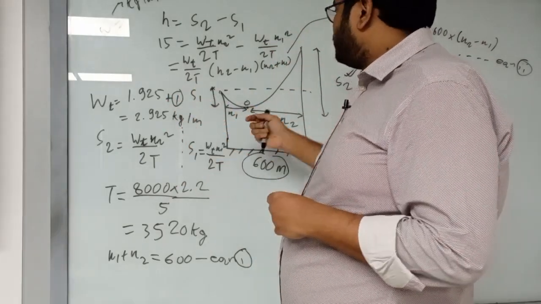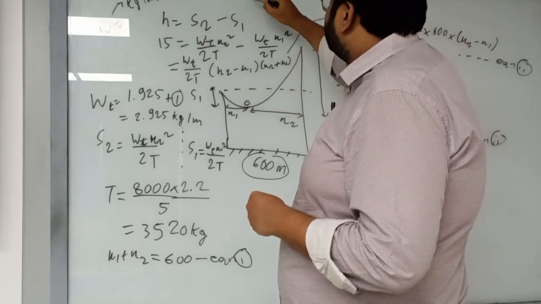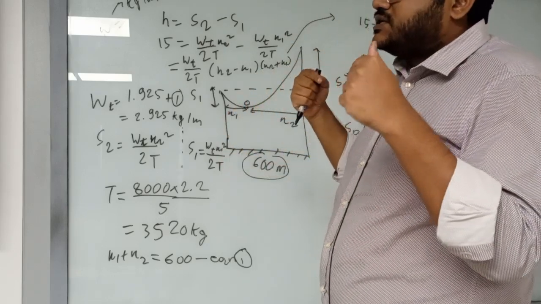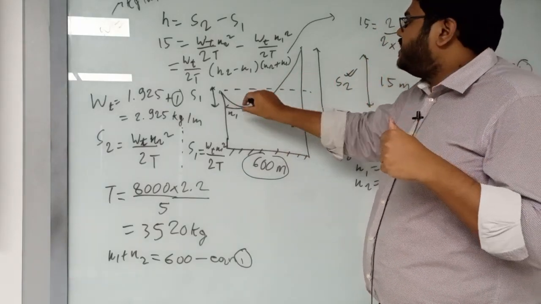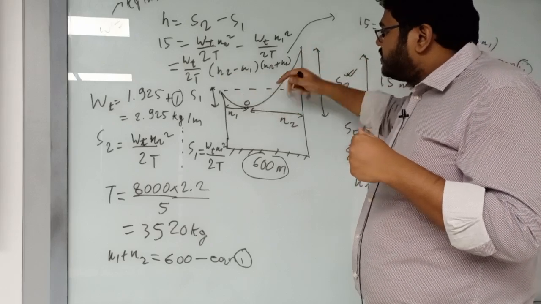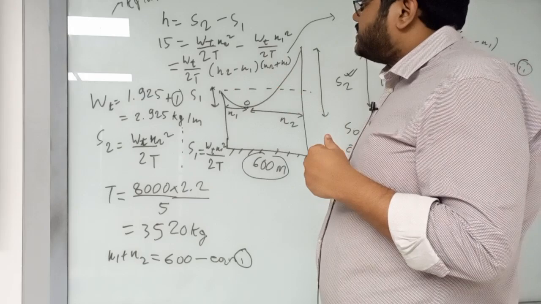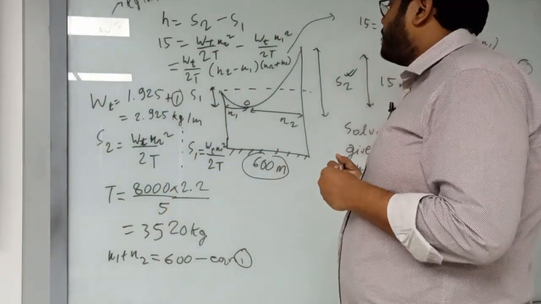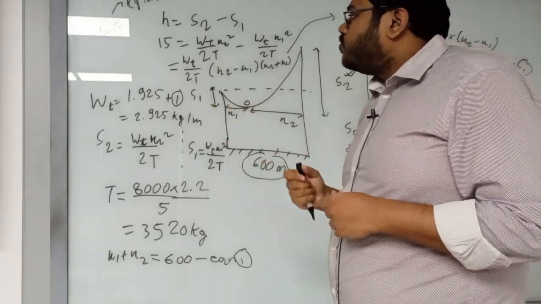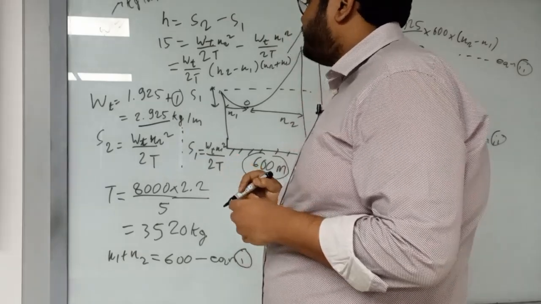Ice load means that it is not only the wire now; ice has accumulated on the wire. So the weight of the ice is 1 kg per meter, and the total weight is now 2.925.